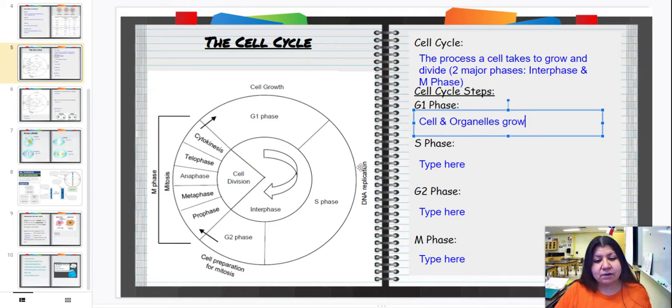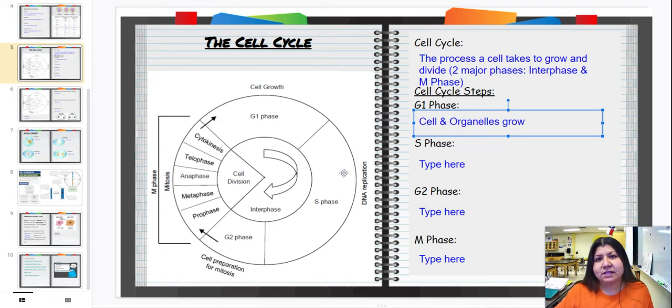During S phase, I can see right here on my diagram, I have DNA replication. Remember, the point of the cell cycle is to make a clone or a copy of my original cell. That means my baby cell also has to have an exact copy of the DNA from the parent cell. That DNA has to be the same.